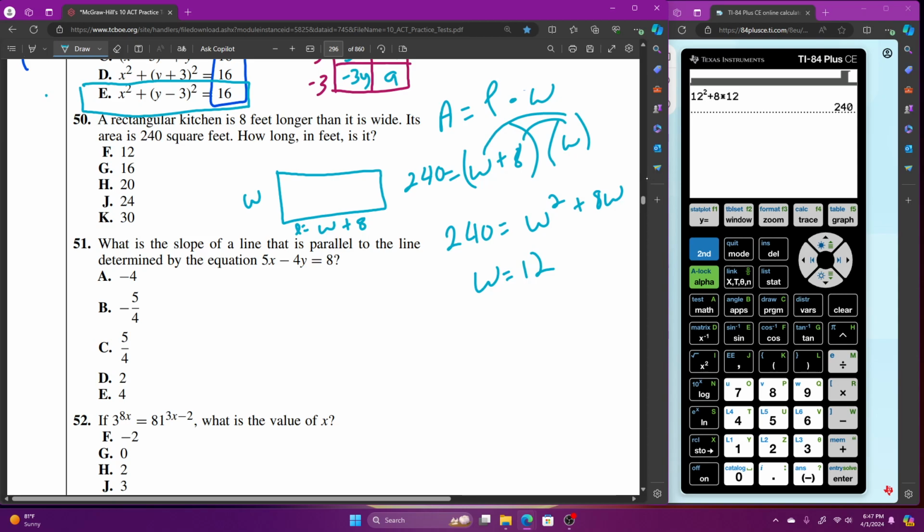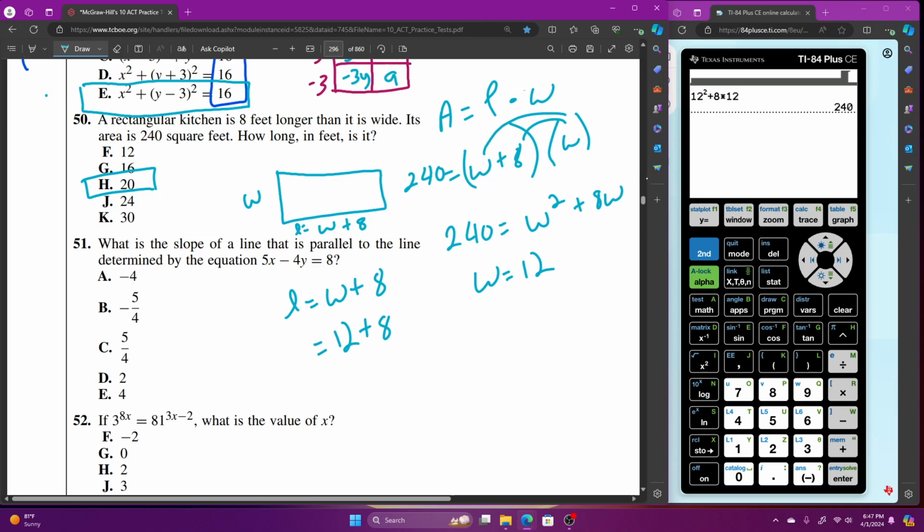But how long is it in feet? Well, if the width equals 12, we gotta say width plus 8 is length equals W plus 8 equals 12 plus 8 equals 20. There we go.